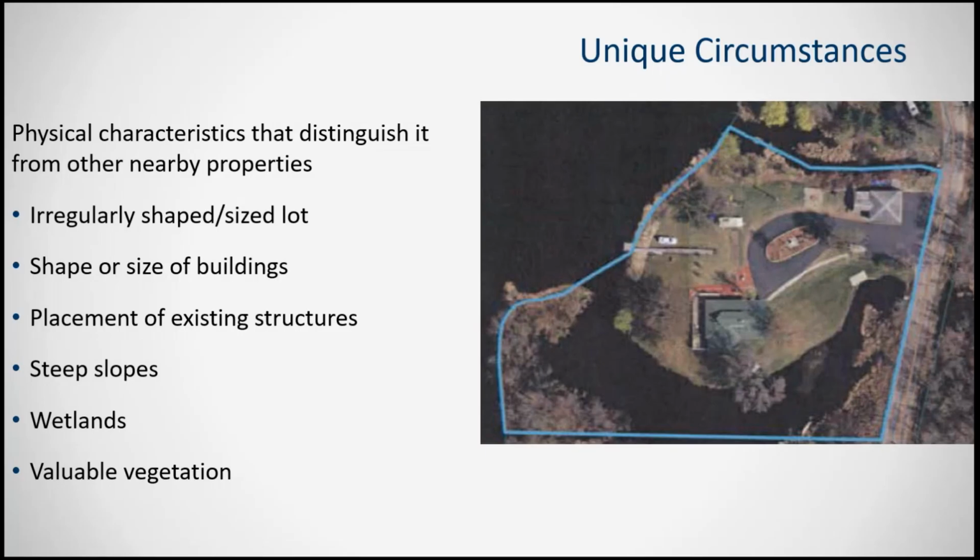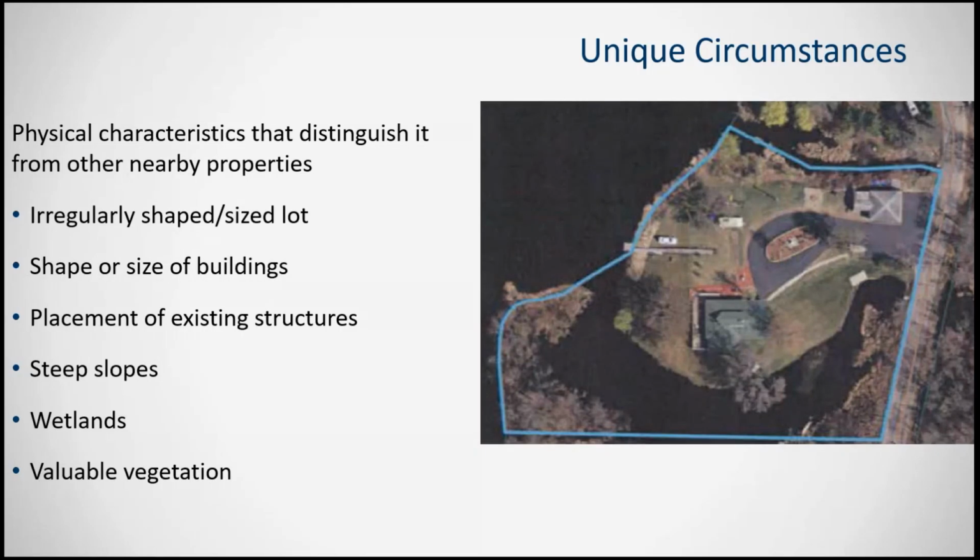We are usually talking about things like an odd-shaped lot or an odd-shaped or odd-sized existing building. Unique circumstances could also include the placement of existing structures, but they also include natural characteristics like steep slopes, wetland, vegetation, or depth to bedrock.